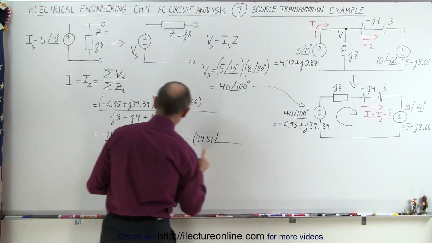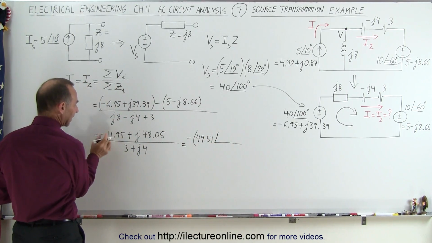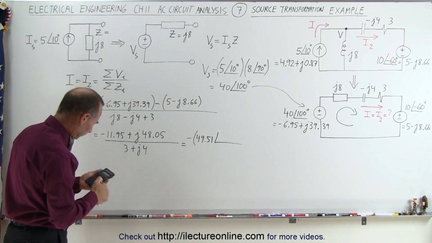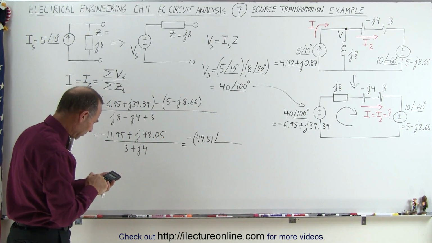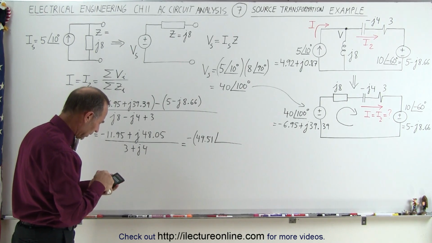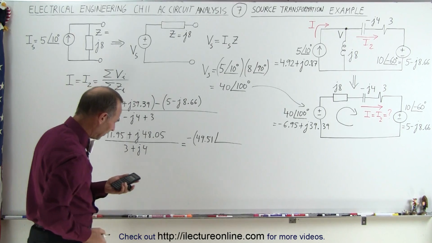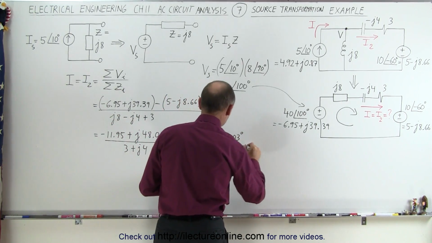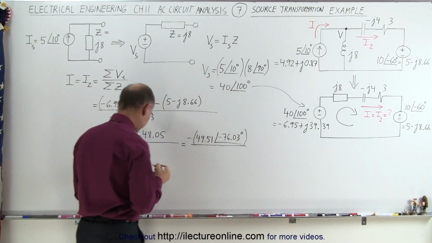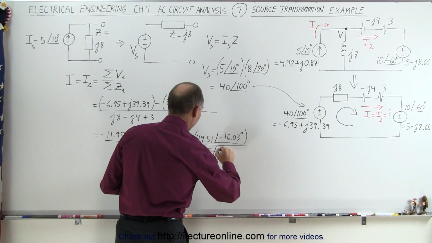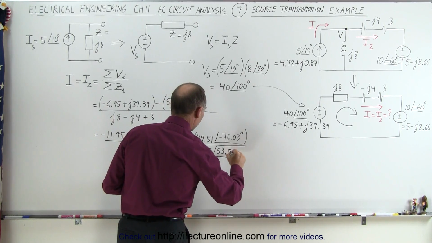With a phase angle, be careful here, because when we pull out the negative, this is not positive, this is negative, so we have a negative phase angle of the inverse tangent of 48.05 divided by 11.95, which gives us negative 76.03 degrees, and divide that by a magnitude of 5 with a phase angle of 53.13 degrees.